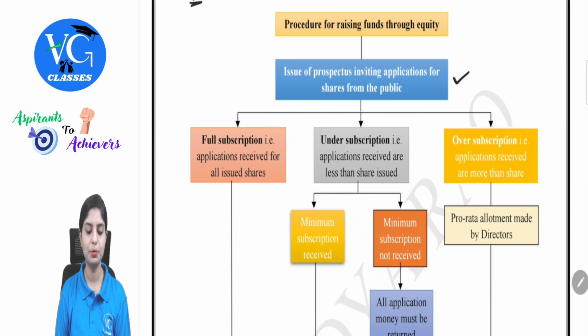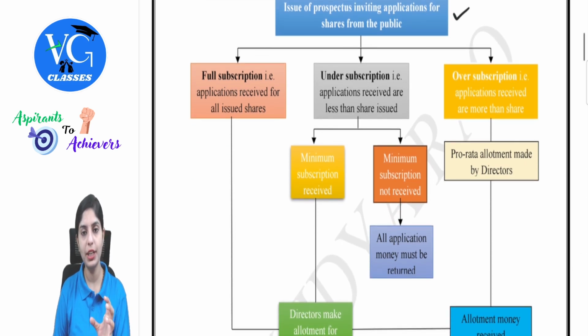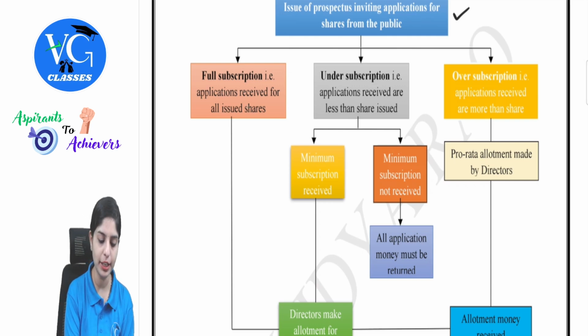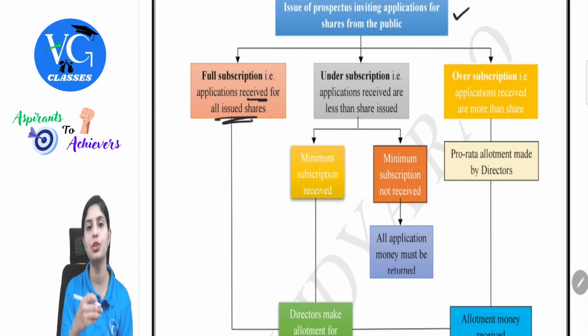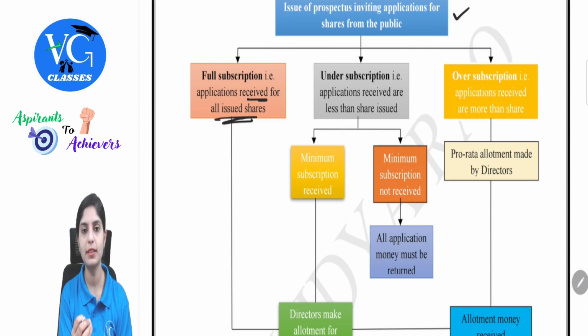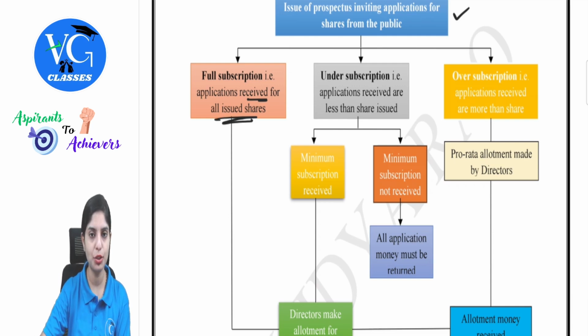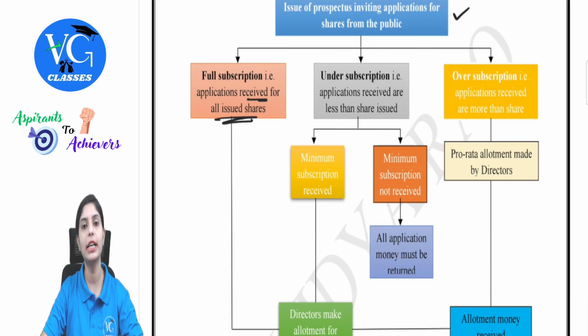Next, full subscription is a situation where applications are received for all issued shares, whatever you called up for, whatever is your requirement. You would have fixed something to be issued share capital. With respect to raising that issued share capital, we will make the issue with respect to applications.